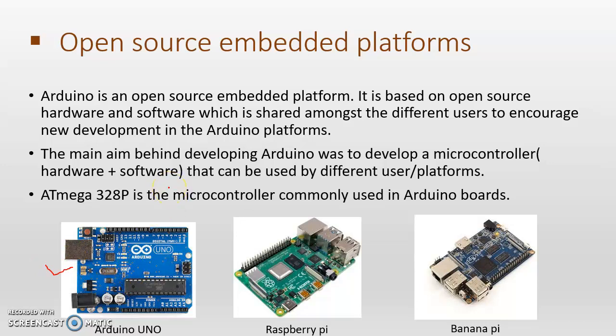We can download it from the Arduino official website, and anyone can program it or develop it as per the applications required by the user. The ATmega328P is a microcontroller made by Atmel which is commonly used in Arduino boards. That we have to study in the next lecture.